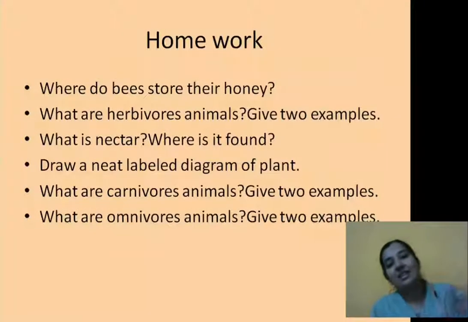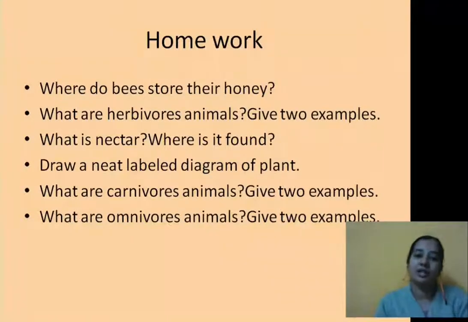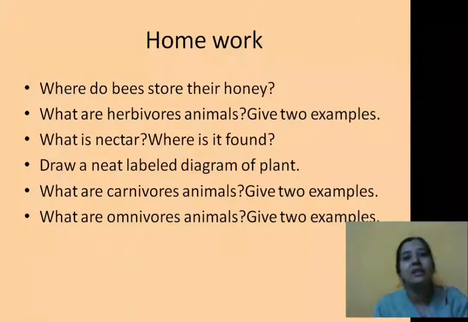Now next, the last part of this particular chapter will come as homework. You have to go through this chapter again at home. Read it twice, understand it, then go for the homework. Here are these questions. Go through them, write them in your separate science notebook, and bring it to school with your parents.